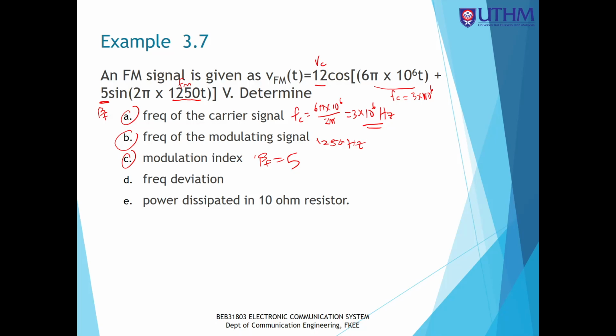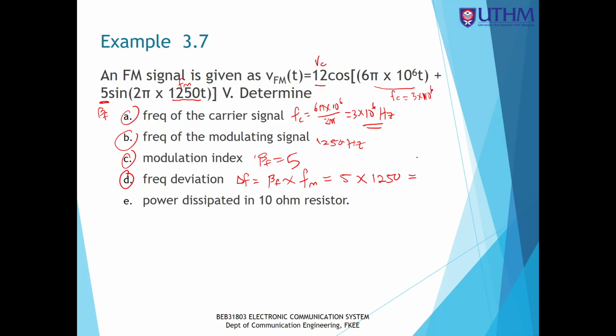Okay, and then what? Frequency deviation delta f. So delta f is equal to beta f multiplied with the modulating signal frequency, which is 5 multiplied with 1250.